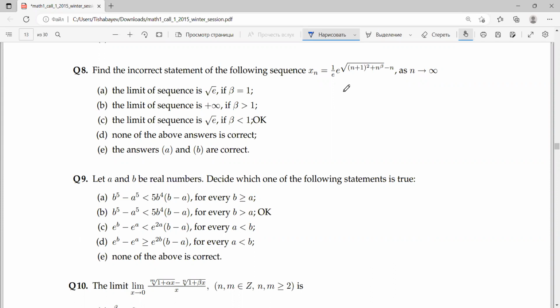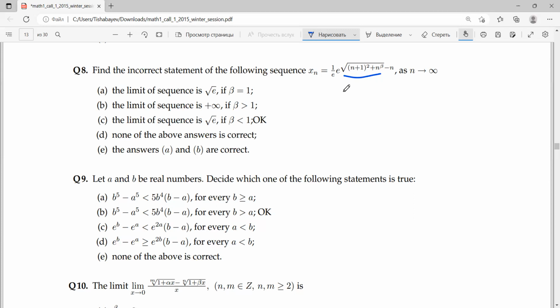So here, what should we do? Again, you can just multiply and divide by the conjugate to the power, because as n tends to infinity, the power tends to infinity minus infinity.